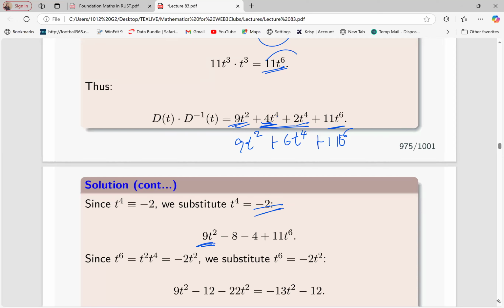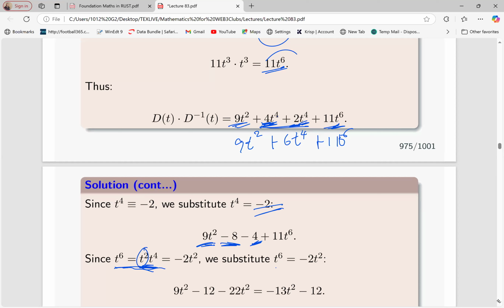But this is 4 times -2, which is -8. And this is 2 times -2, which is -4. And this one, I don't know why I did not do it at this point, but I did later. So I just wanted to explain that a t raised to 6 would then be this.